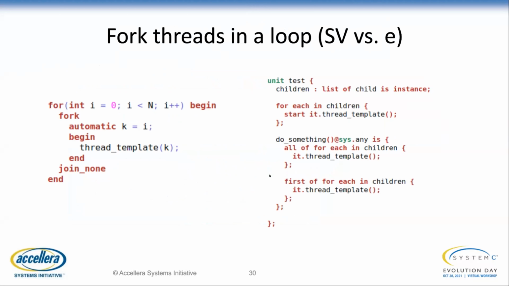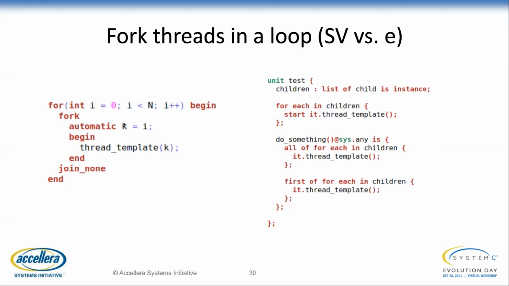And then there's the problem with forking threads in a loop. Let's say you want to spawn not just 2 or 3, but 10 or 100 threads in your code, and you don't really want to copy paste the same logic 100 times. So it's easier to do it in a loop. In SystemVerilog, we do it like this.